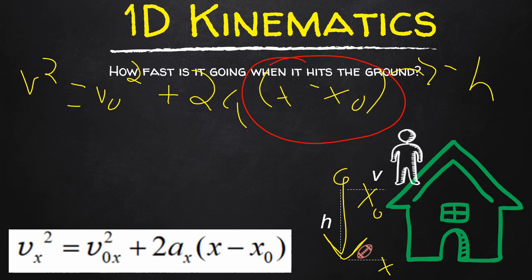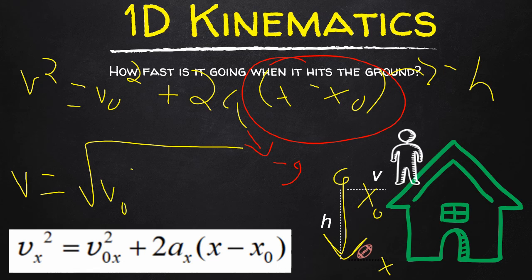We also already said that a is negative g, and that's because gravity is a negative in that it brings things down towards the Earth. If you set up your coordinate system like normal, where up is positive, down is negative, g is always going to be negative. So with that knowledge, we can say that v, if we square root everything, is equal to the square root of v naught squared minus 2g, because the g is a negative, times a negative h.